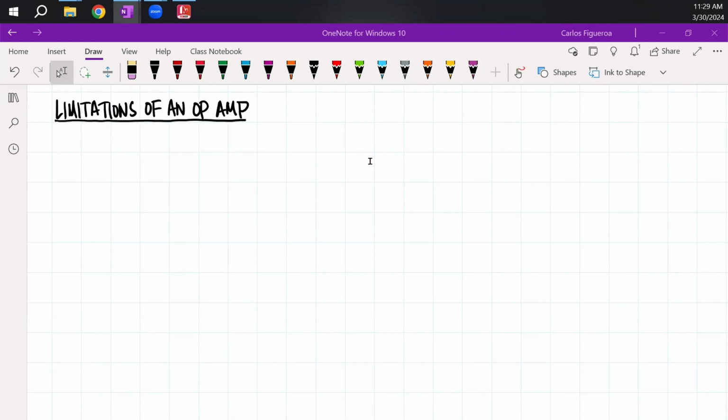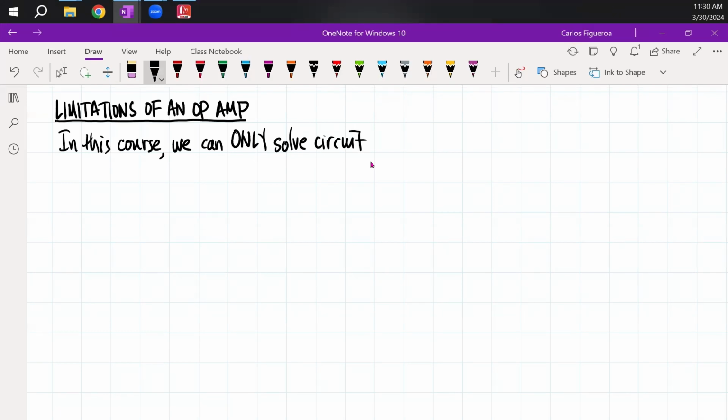Limitations of an op-amp. In this course, we can only solve circuits with linear elements.